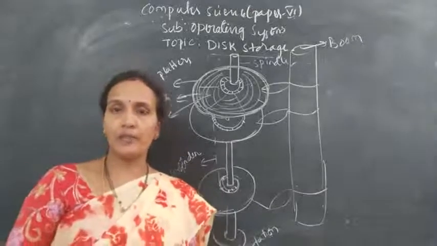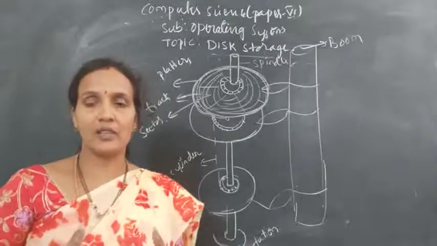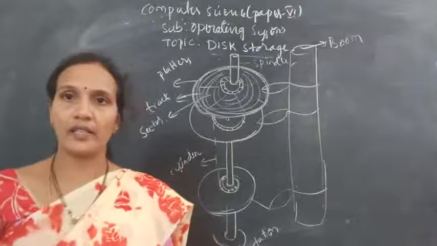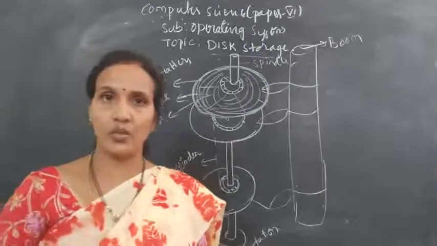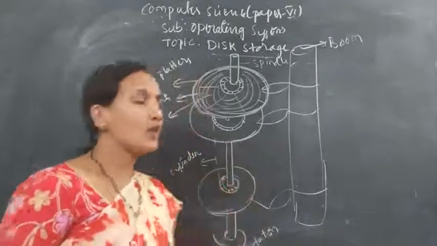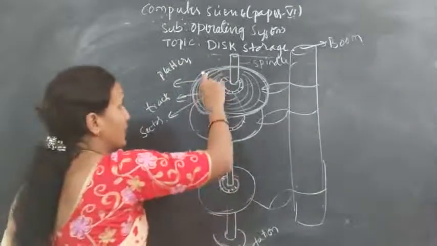This aluminium circular disc is coated with magnetized material, because whatever content you store on the magnetized material cannot be erased. These discs are called platters.